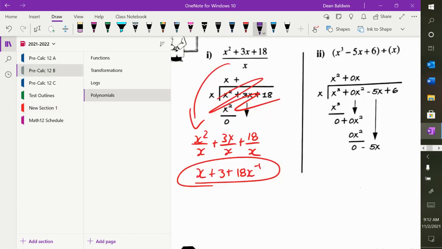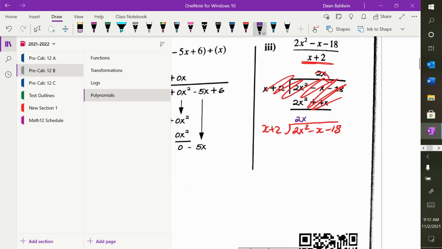You go 2x times x. What's that? 2x squared. That goes right under the x squared. But you also go 2x times 2. You essentially FOIL it in. What's 2x times 2? That goes right below this. And they should line up.